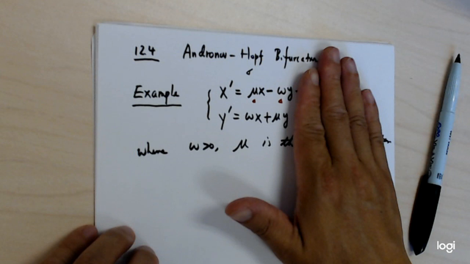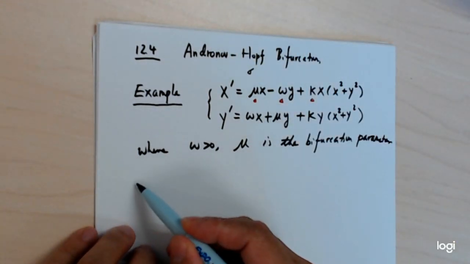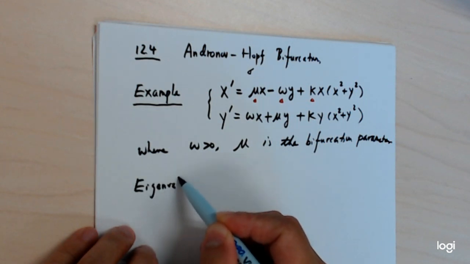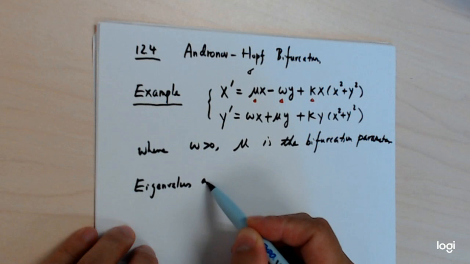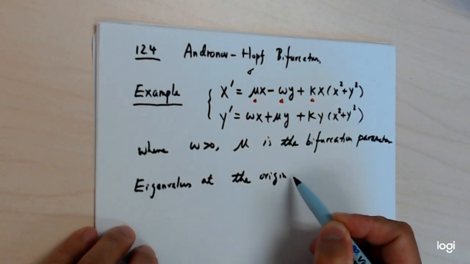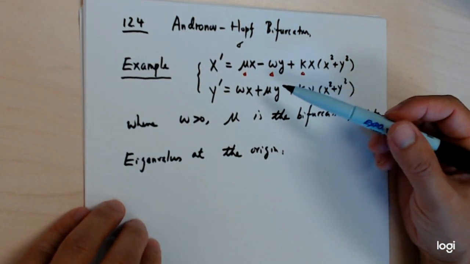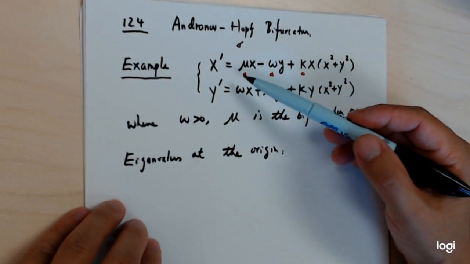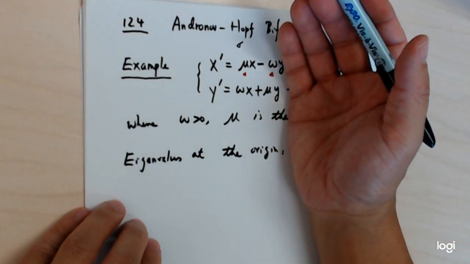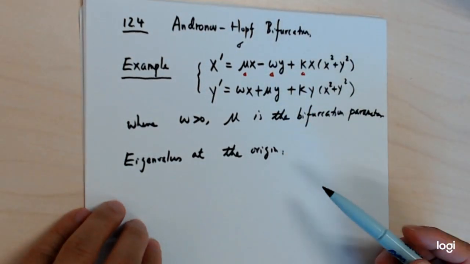So you can go ahead and calculate the eigenvalues at the origin by doing the usual step, the linearization. You can calculate the Jacobi matrix. Remember how we did that? You can easily do this.